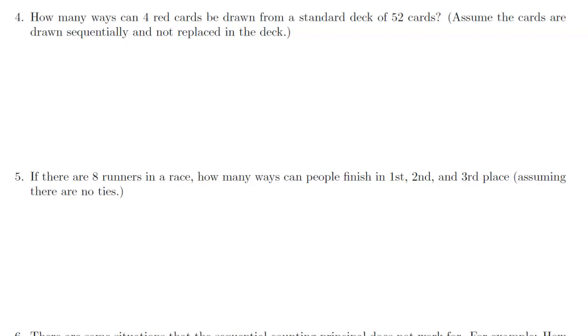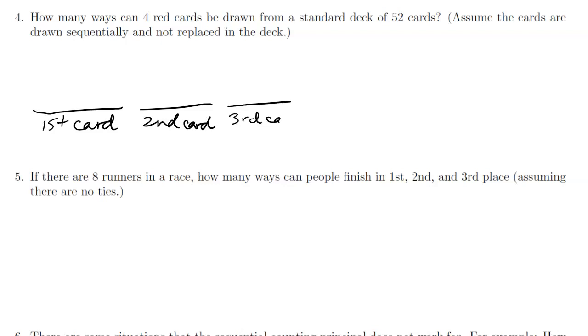So one thing that really can cue us into what technique to use for this one is this idea that the cards are drawn sequentially. We can think about breaking this question down into smaller, quote-unquote events, where we would have a first card, second card, third card, and fourth card.